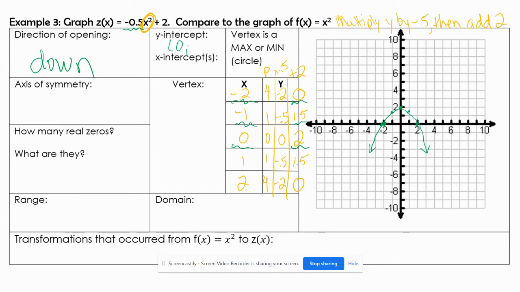Our y-intercept is at 0, 2. Our x-intercepts we can see clearly at negative 2, 0, and 2, 0. This vertex is at the very top of our graph, so this is a maximum. And that vertex is at 0, 2. Our axis of symmetry, x equals 0.